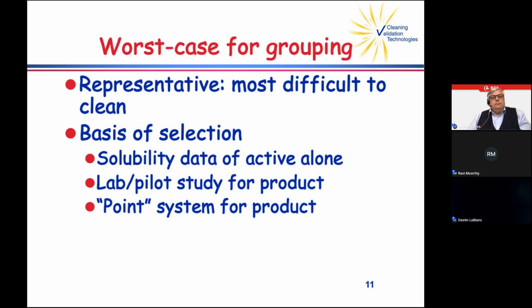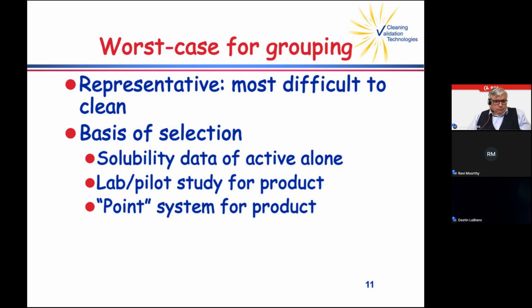The representative product is the most difficult to clean product. Sometimes people call that the worst case product, and that's another way to refer to it, but I like to refer to it as the representative product because it's the most difficult to clean.